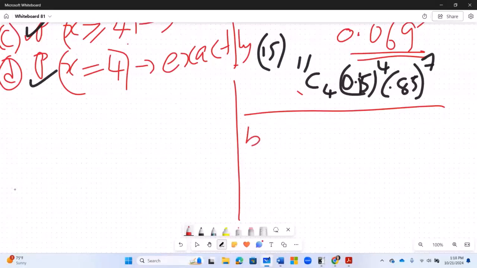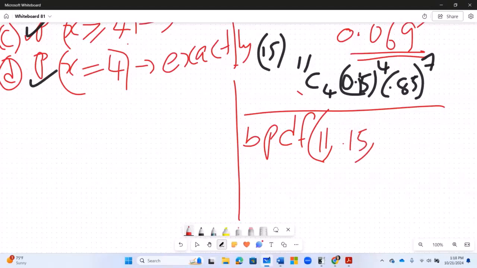So binomial PDF of sample space is 11, success is 0.15, and I am already doing PDF of 4 only, a single probability.